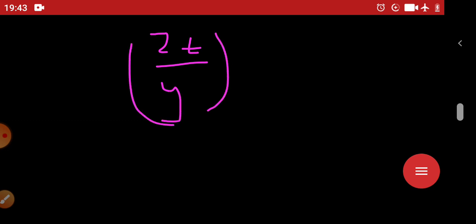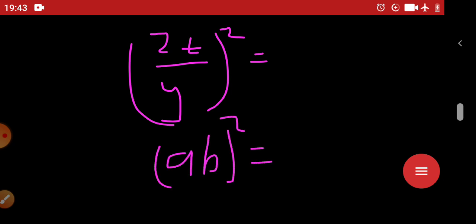If they say you can leave the answer not simplified, then fine, as long as they have not specified. But if they specified, you will need to work out this term. So here, remember this rule. You must know the rules. So we apply that rule here, and also the same, there's another rule.